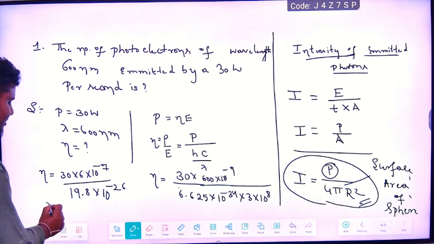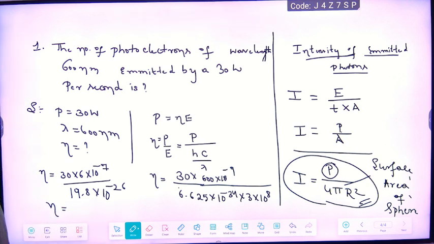Now n is equal to, what is 30 by 19.8? 30 by 20, approximately take 20.